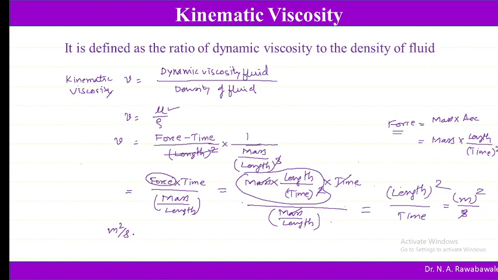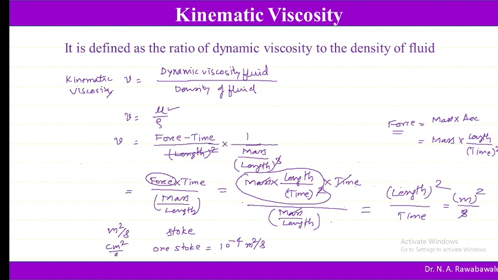Generally, kinematic viscosity is given in the unit known as stokes. One stokes is equal to 10 to the power of minus 4 meter square per second. One stokes is centimeter square per second, which is defined in CGS.